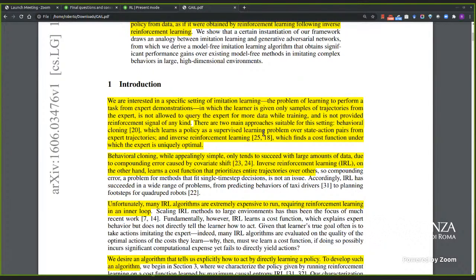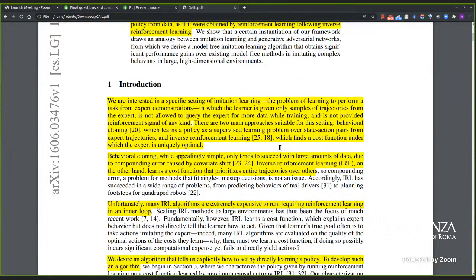There are two main approaches suitable for this setting, which are the ones that I presented before: behavior cloning, which learns the policy as a supervised learning problem of state-action pairs from expert trajectories, and inverse reinforcement learning, which finds a cost function under which the expert is uniquely optimal. Or in other words, finds the cost or reward function which better explains the behavior of the expert.